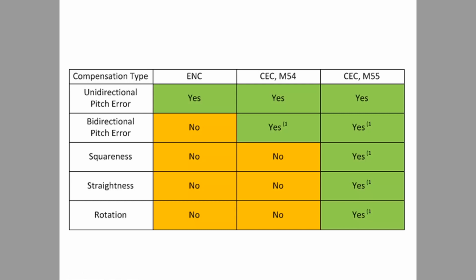The footnote number 1 is not called out in this chart. This is available in one of the PDFs included in the zip file associated with this video. But the footnote number 1 is telling us that for CEC comp, we have a limitation of either 1 or 10 millimeter, depending on which variant of NC software is installed on the machine. There are two variants of NC software, standard and export software.